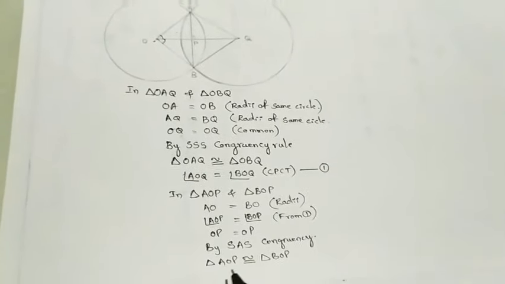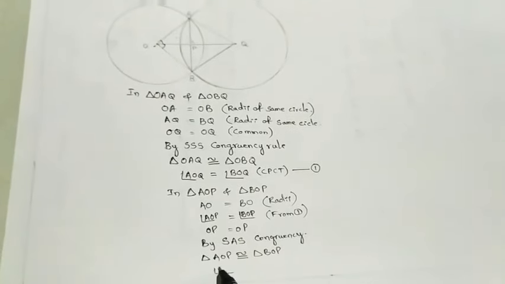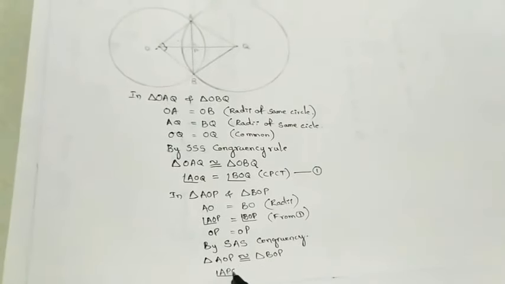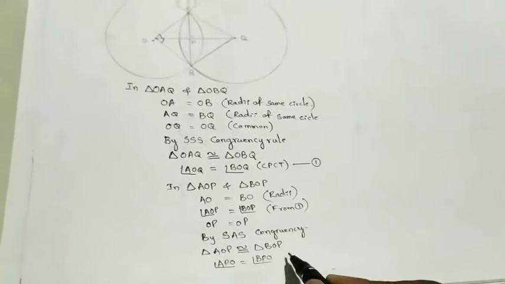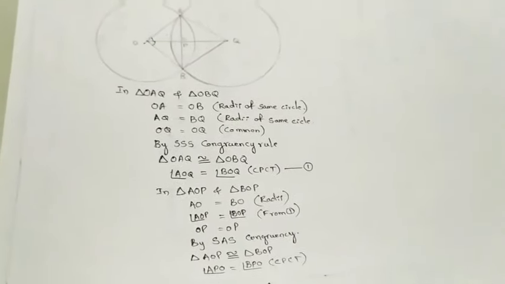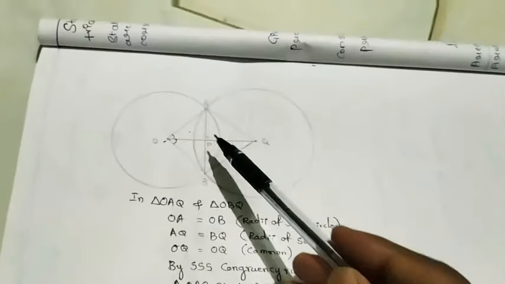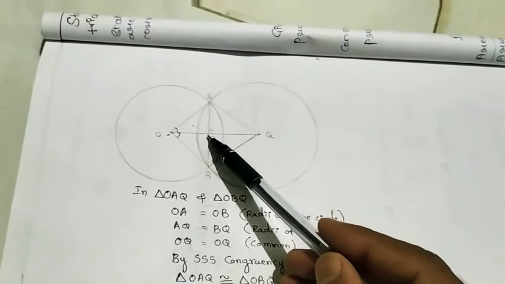Then here we will get that angle APO equal to BPO, that is CPCT. Okay, now we got that here these two angles are equal.